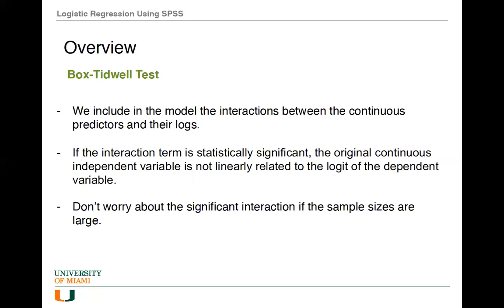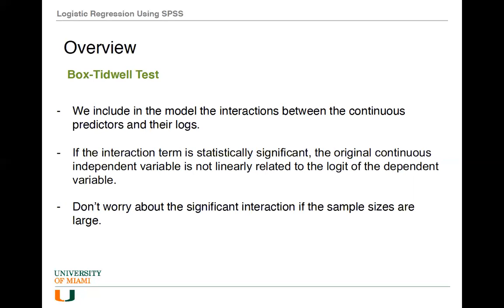The Box-Tidwell test is basically we include in the model the interactions between the continuous predictors and their logs. If the interaction term is statistically significant, that means the original continuous independent variable is not linearly related to the logit of the dependent variable, and therefore the assumption is violated.